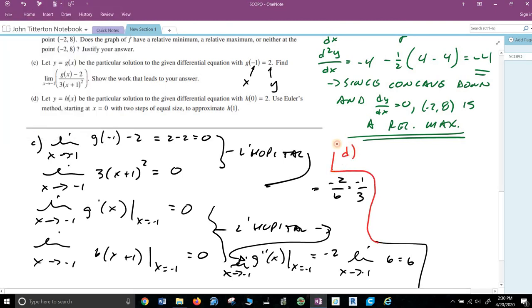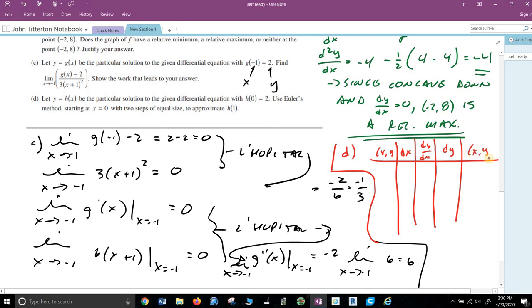So part D: x comma y, delta x, dy dx, delta y. Now they say start at 0, 2, go up to 1 by 0.5, so it's going to be 0.5, 1, and I don't know what yet.